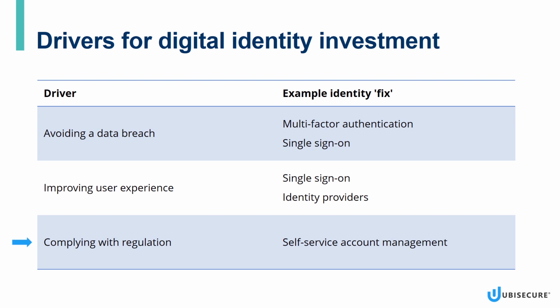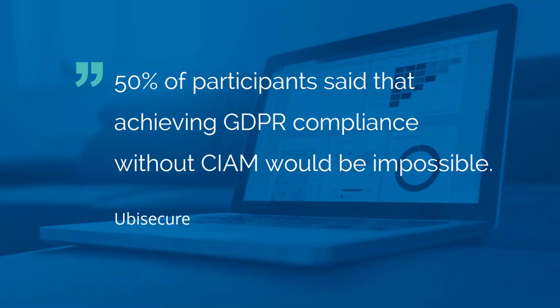In fact, we conducted a survey already some time ago which showed us that 50% of participants said that achieving GDPR compliance without CIAM would be impossible, just impossible. And these are words from people working in government, in big corporation, different types of organizations. They were aware that they need CIAM, customer identity and access management, to enable compliance.